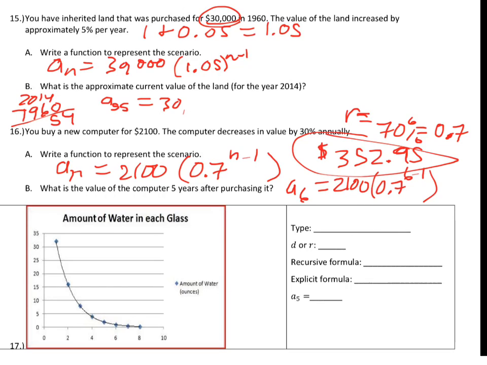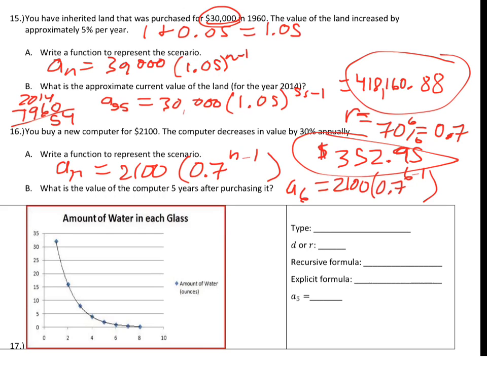And if you compute that, you'll probably be surprised at how ridiculously big this number is. So hold on, let me take a second. Well, it's going to come out to be nearly 5,418,160.88. Alright, so that's how that one worked out.